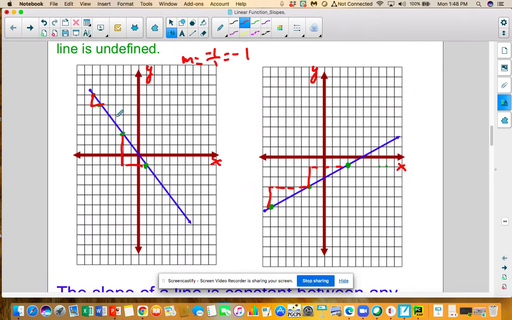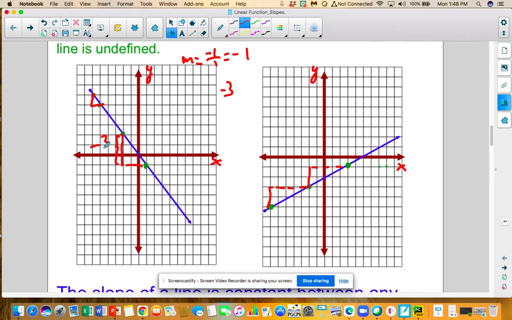Okay, let's take 2 more points of this line and see if we get the same answer. Okay, this point right here. How much do I have to go down and go over before I hit the line again? So I'm going to go down by 1, 2, 3. So that's -3.